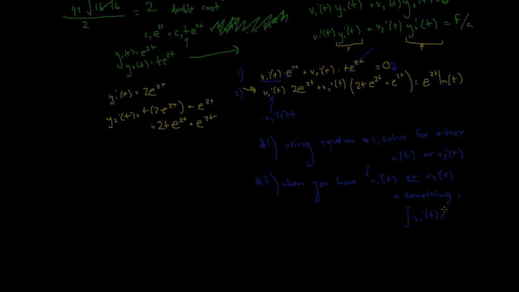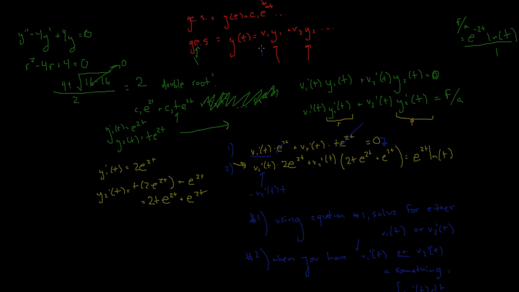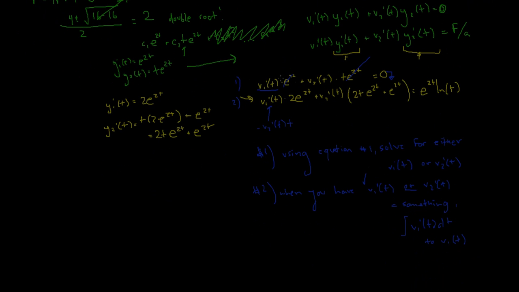Let's say it's v1 prime of t, to get the non-prime version, the integral of it, because you'll need that for your general equation, right? If you remember up here, the general equation, that's not prime, so you just need the integral of it. And then once you've solved for either v1 prime of t or v2 prime of t completely, you can plug it back in to the first equation and solve for the other and integrate.